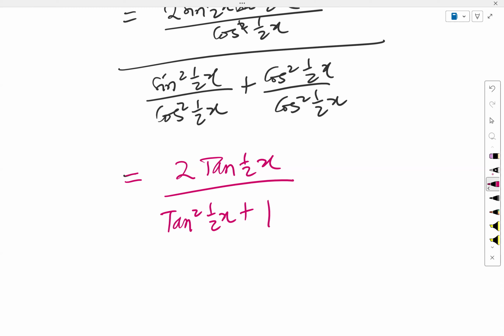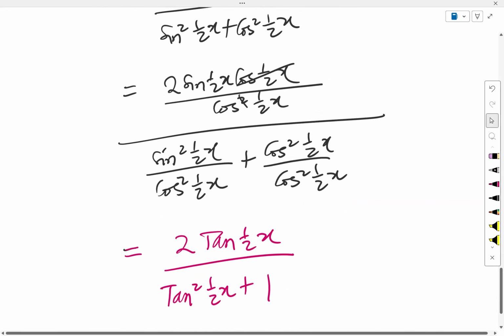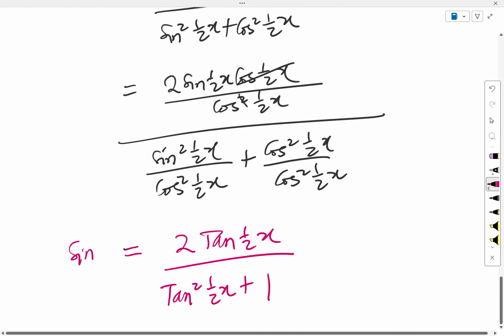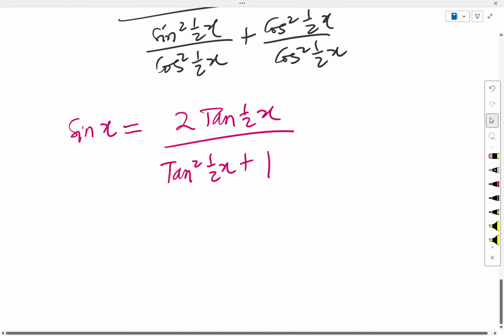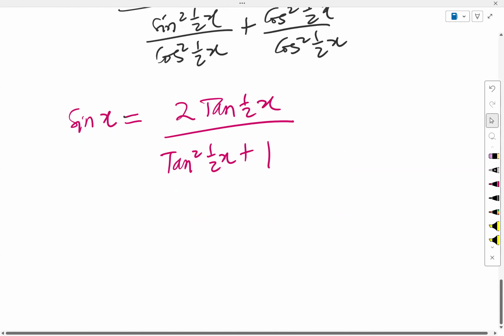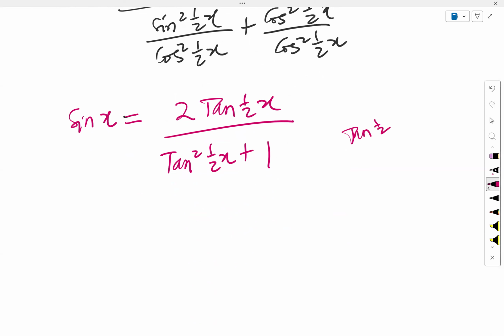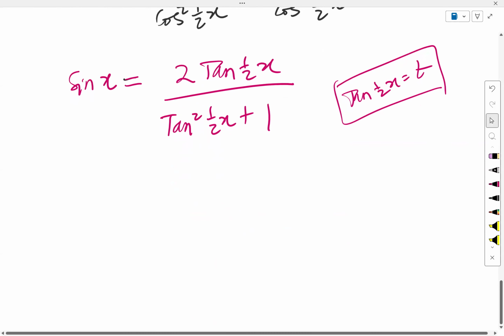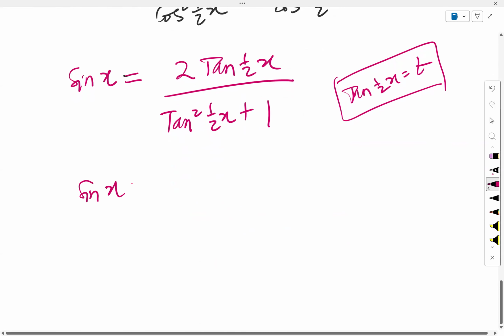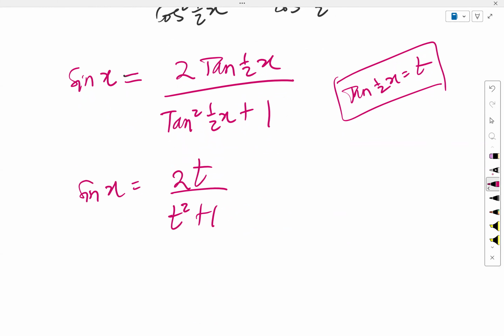So so far this is still sine x giving us this expression. And just like I said, we are doing this because we want to get to that point where we say that tan half x is the same thing as t. So if we do that here, what do we get? It means that sine x is equal to 2t all over t squared plus 1.